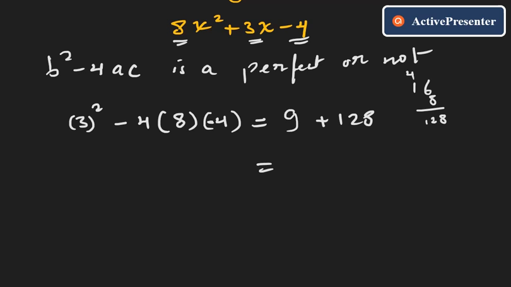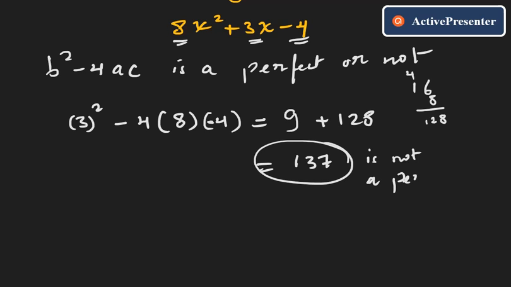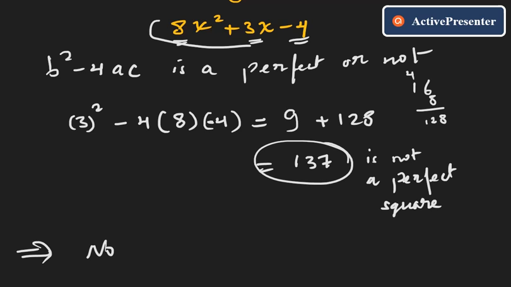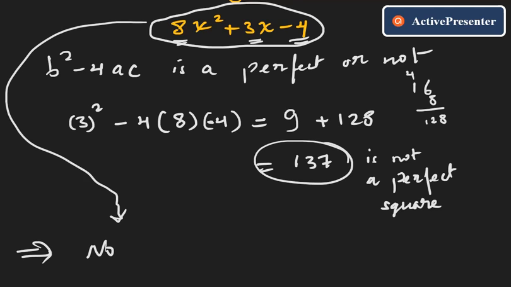If you add them together, this is equal to 137. So 137 is not a perfect square. This means that this trinomial is not factorable, or infactorable, over integers.